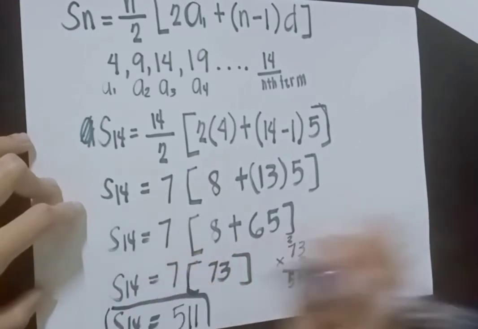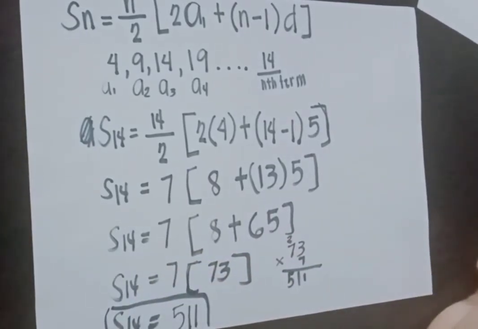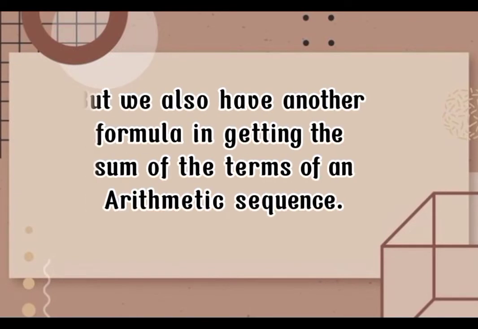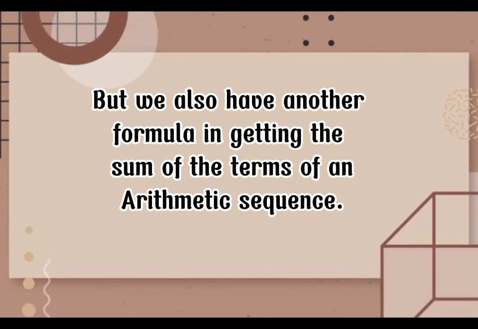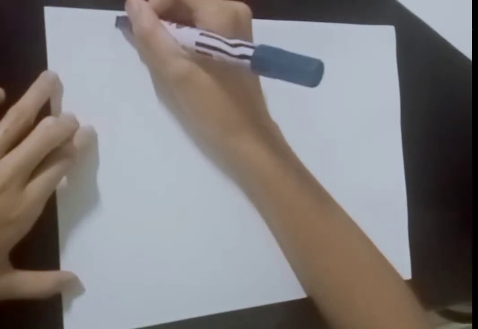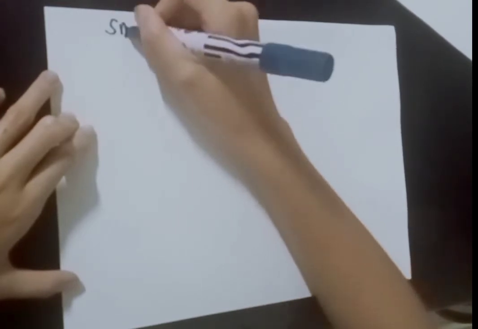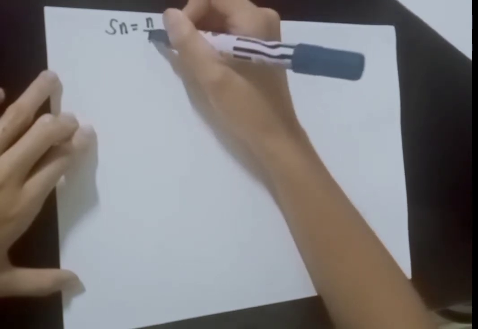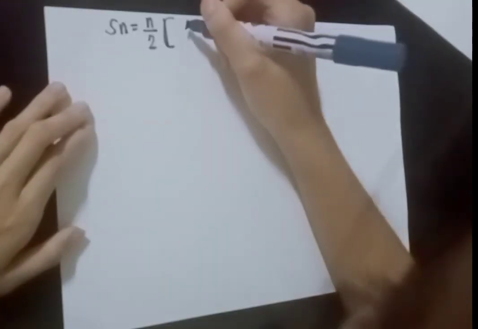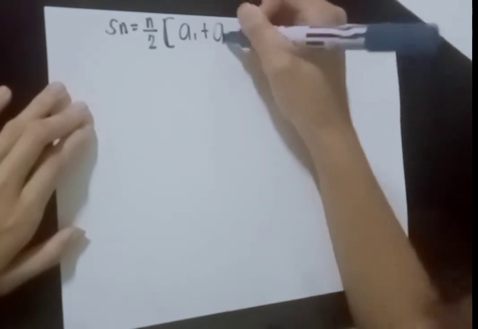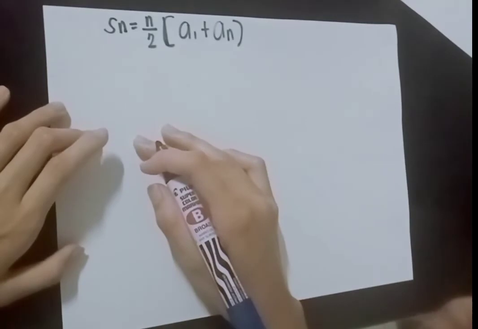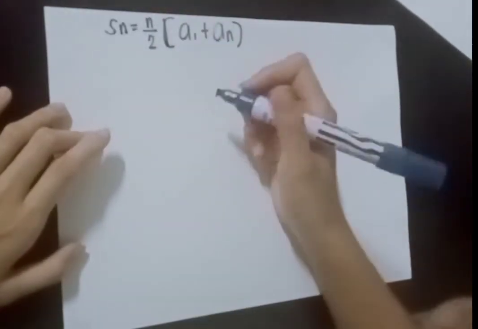In finding the sum of the terms of an arithmetic sequence, we can use this formula. But we also have another formula for the sum of the terms: Sn, the sum of the n terms, equals n divided by 2 times a sub 1 plus a sub n. But we can only use this formula if the last term, the nth term, is given.